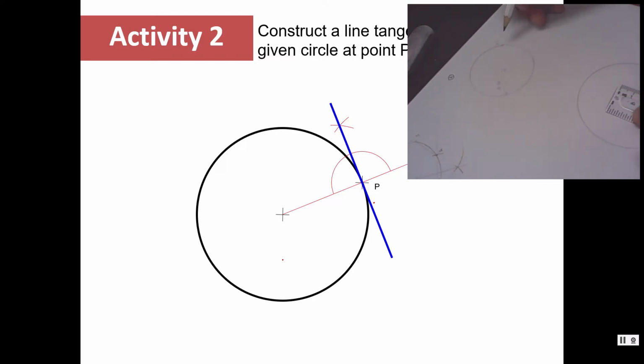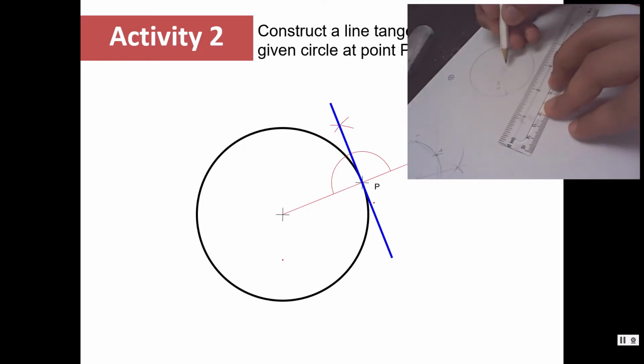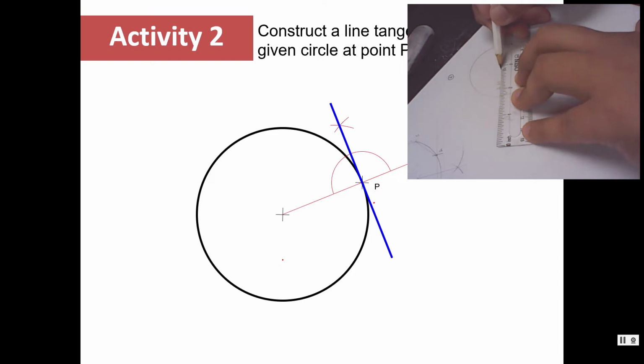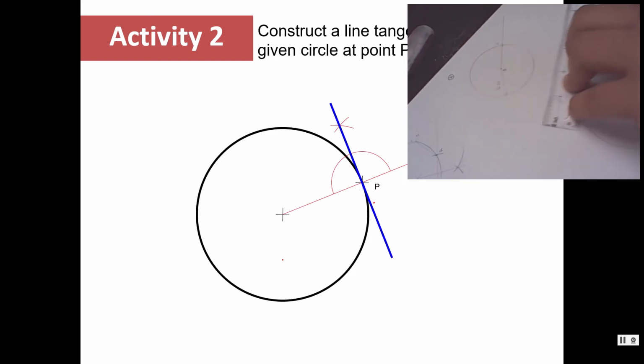Okay, I already drew a circle of 30 mm radius. It's up to you. Now from the midpoint, which is O, I'm going to draw one line that is going to pass through P, and the position of P is also up to you. Just draw a straight line.